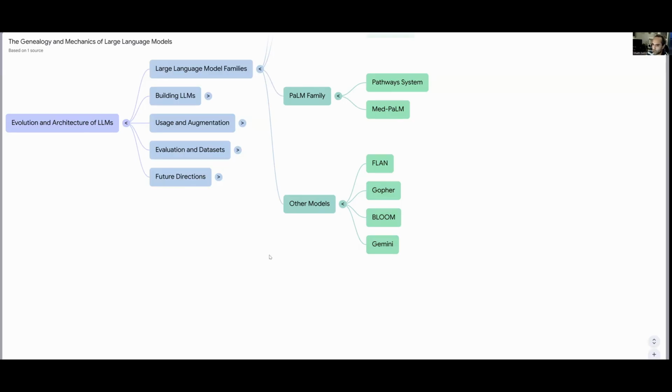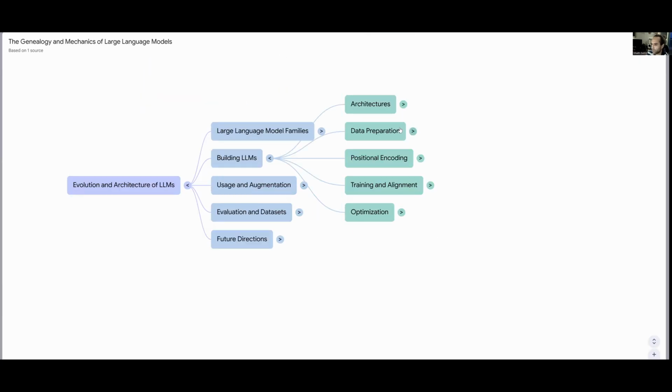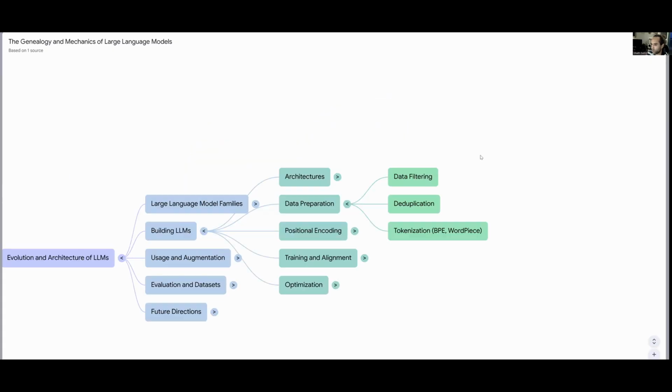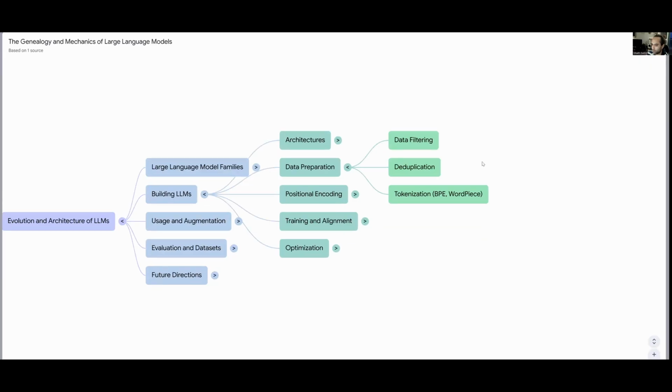Now let's take a look at how these models are built. First of all, these models need data, and of course this data needs to be prepared. Among the preparation, we have what we call data filtering, where noise, outliers, and irrelevant text are filtered. We go through the process of deduplication, which is the process of removing duplicates from the dataset, and we remove them to prevent the model from being biased towards these duplicates or memorizing specific examples more than others.